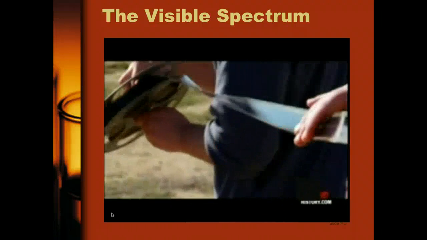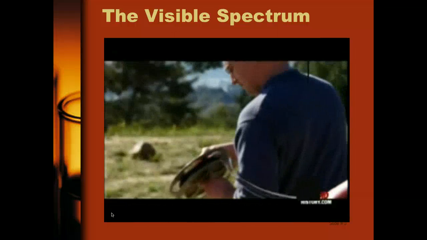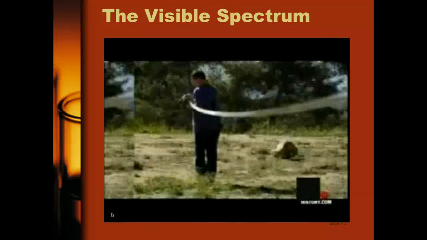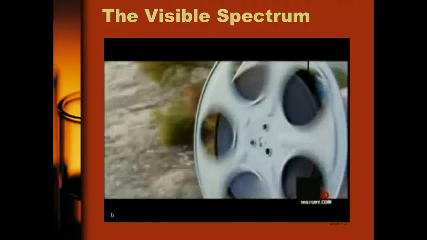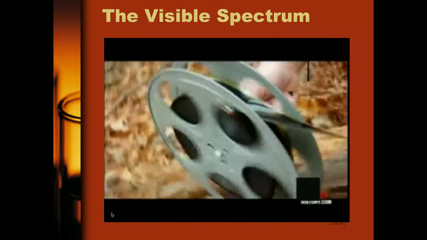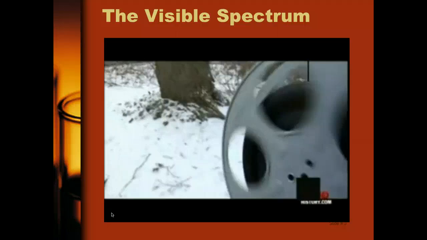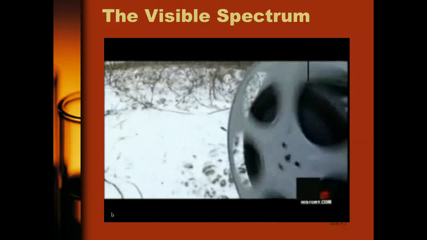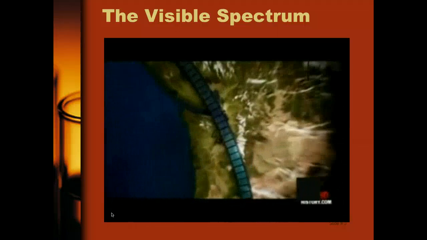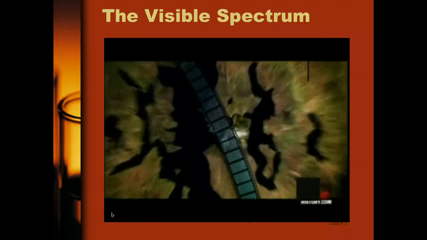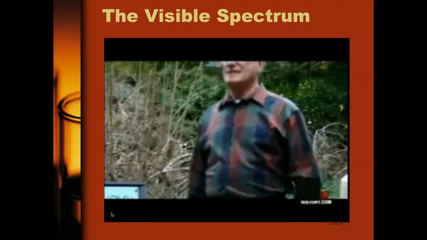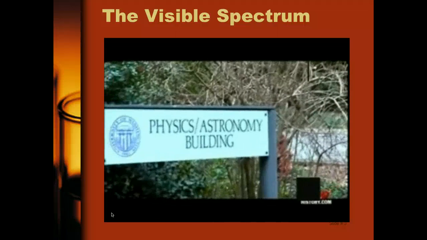If you had a reel of movie film representing the entire electromagnetic spectrum, stretching 2,500 miles from California to Alaska, the section containing the visible spectrum would fall somewhere in the middle, near the University of Washington.